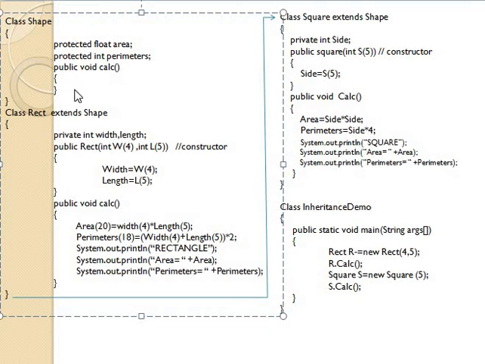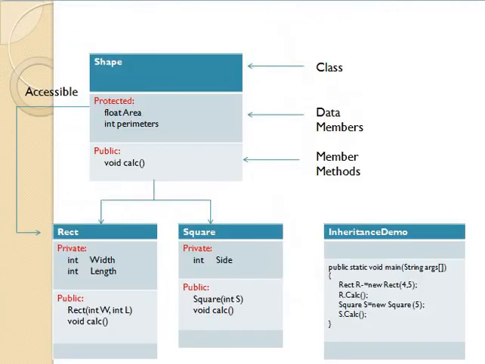You can clearly see its body is empty. And this member method, that is calc, is specified here in the third compartment for this class shape under the public access specifier section. And since its return type was void, it's declared like this, void calc.